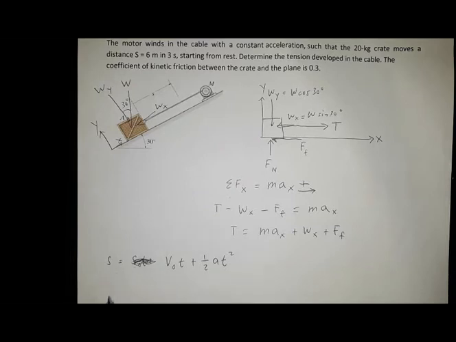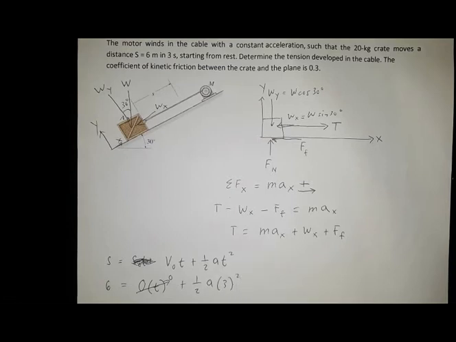Here S is equal to 6 meters, the initial velocity is 0 multiplied by time, so that is 0, plus 1/2 times a, where t is 3 squared.